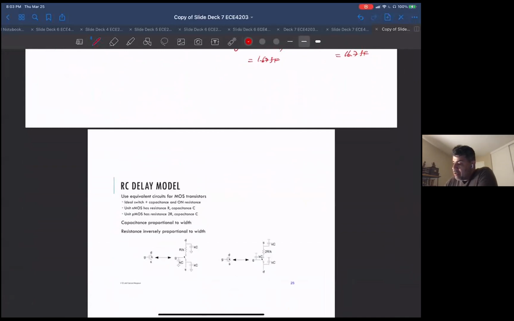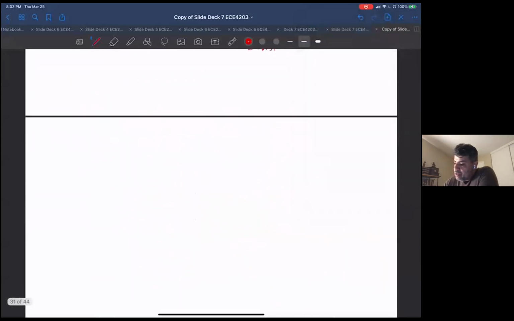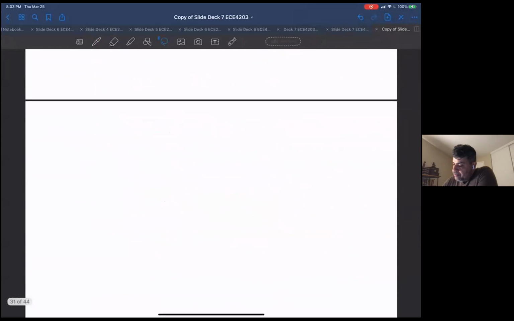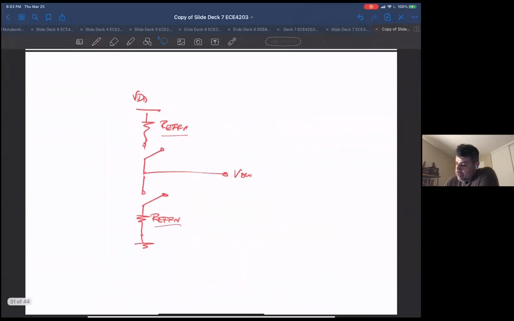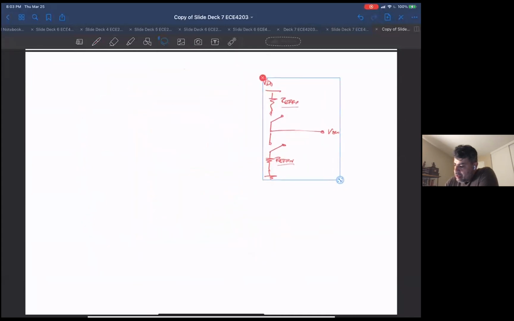Okay, so in aggregate, what we'll end up with is, whoops, I wanted to add it here. First we had the resistors only, and now we're going to add the capacitances to it. I should probably just draw it one at a time. Sorry, guys. So if I was just going to look at the NMOS, it would have this.